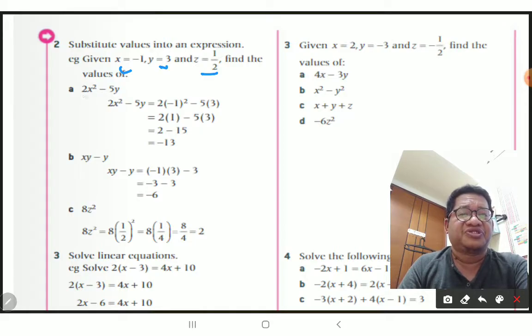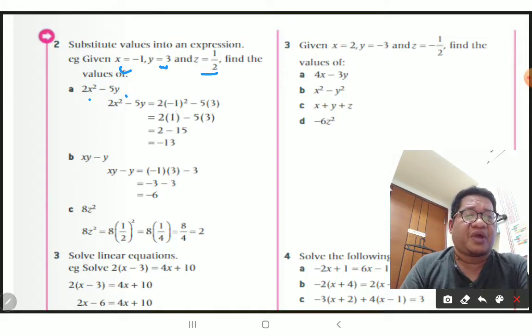So you just simply plug in those values of x and y there, and then just simplify it. So if x equals negative 1, so 2 times negative 1 squared minus 5 times 3, and then negative 1 squared is 1, then minus 5 times 3, then you have your negative 13.